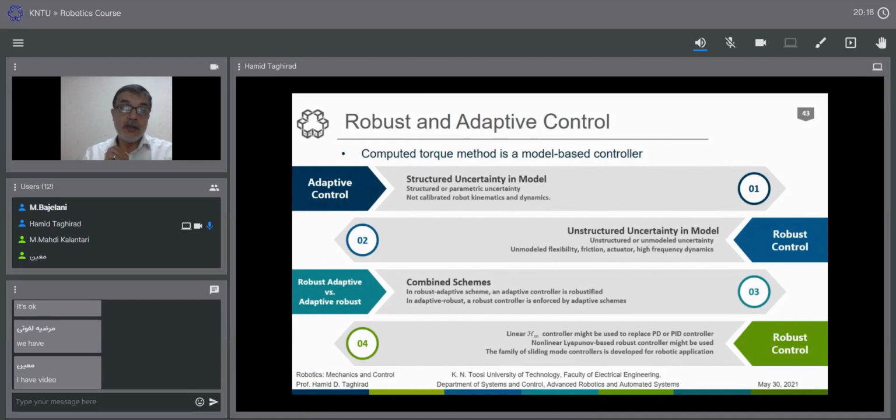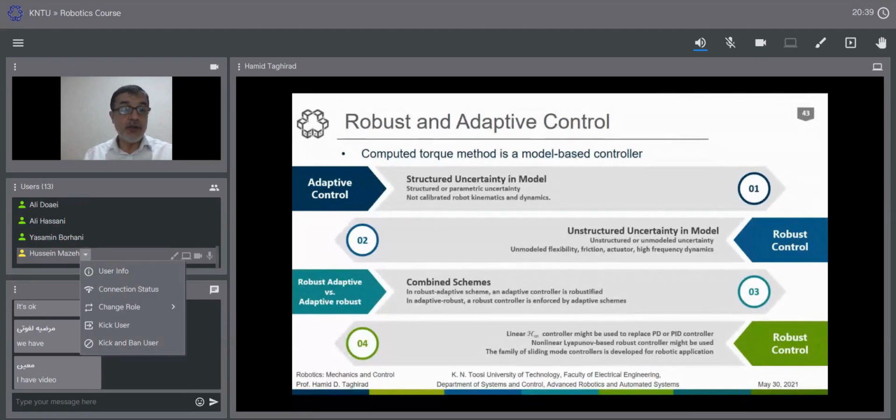It should be in such a way that we can have better performance, or at least steady state error equal to 0. Especially we notice that the gravity terms are very important. You notice that in partial feedback linearization, the gravity terms are very important.